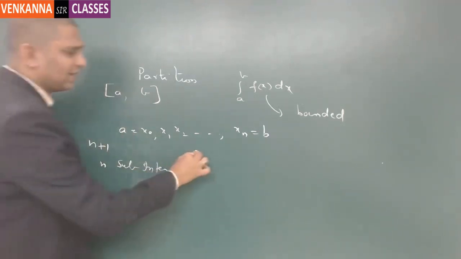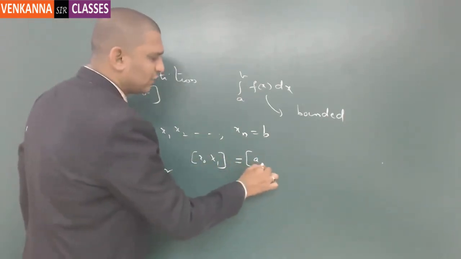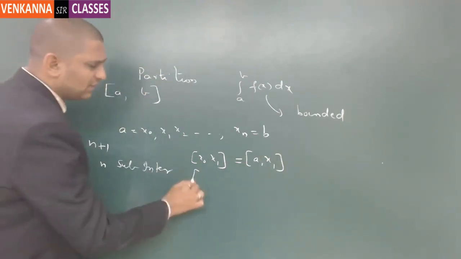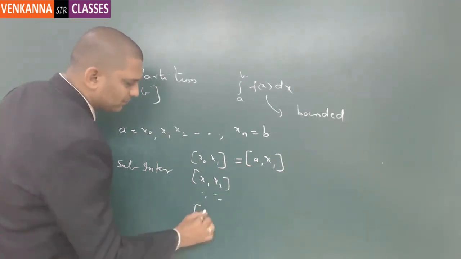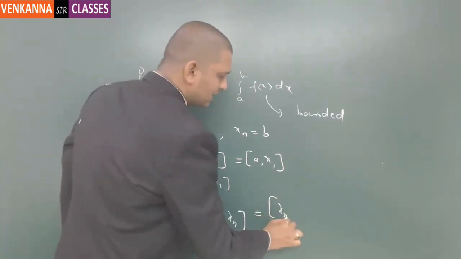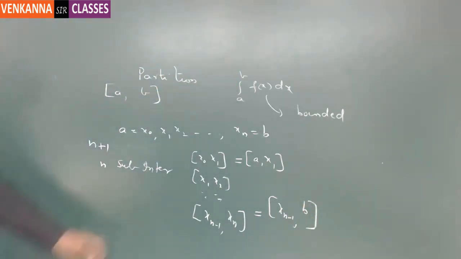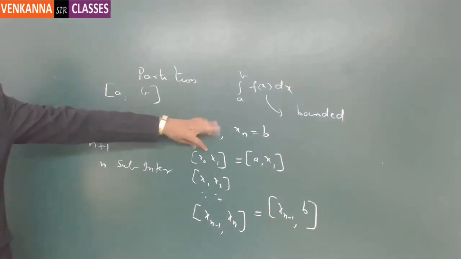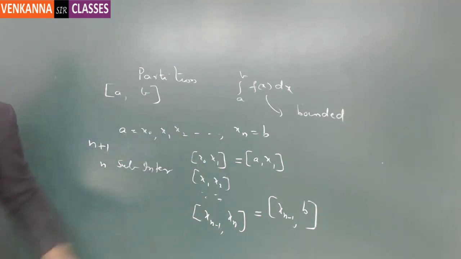The first subinterval is x0, x1, that is a comma x1. The second subinterval will be x1, x2, and so on. The last one will be xn minus 1 comma xn, that is xn minus 1 comma b. For each subinterval, we calculate the length, which is the difference between the endpoints: here x1 minus x0, here x2 minus x1, and so on.